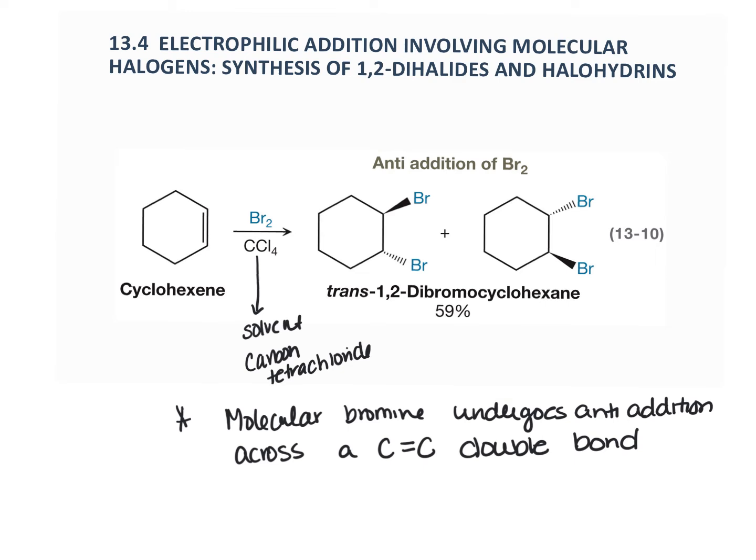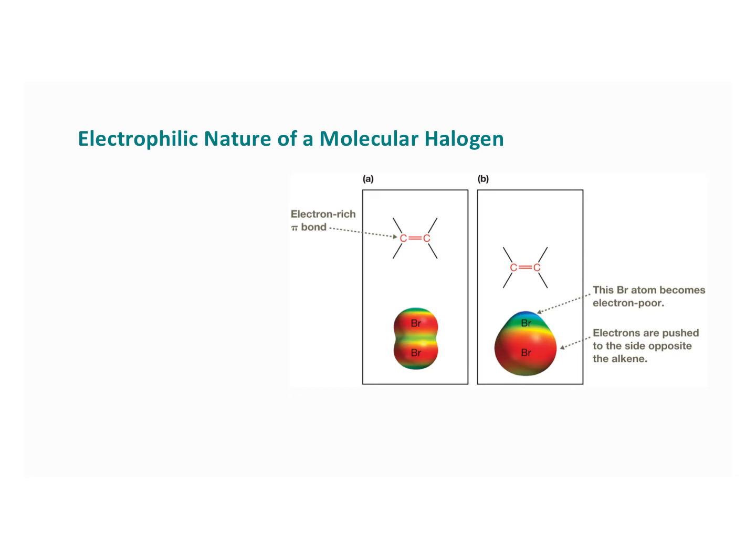Now, although an isolated bromine molecule doesn't have an electron-poor atom, the bromine molecule becomes polarized as the electron-rich pi bond approaches it. You can see that here. So this is electron-rich. It's going to approach here. It kind of forces all the electrons to this other bromine. And so this one becomes electron poor.